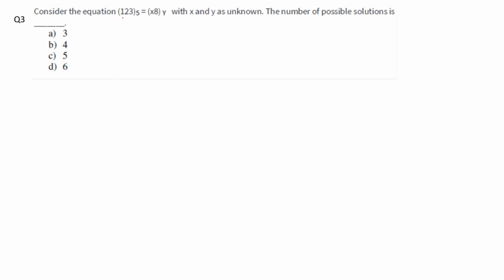It states: consider the equation 123 to the base 5 equals x8 to the base y, where x and y are unknown. So we need to figure out how many possible solutions there are.